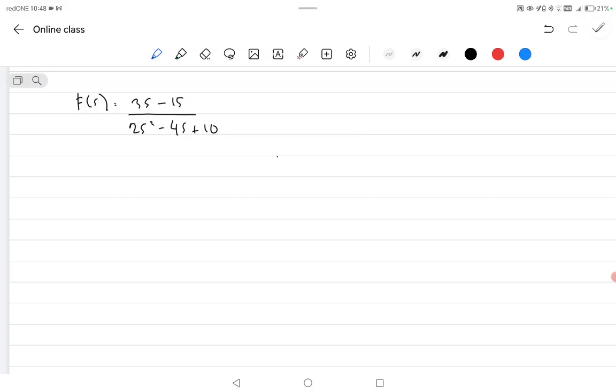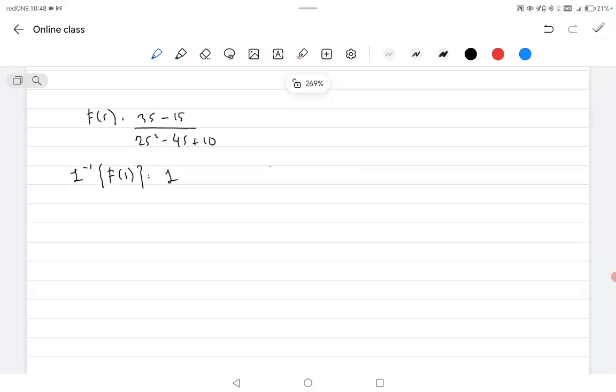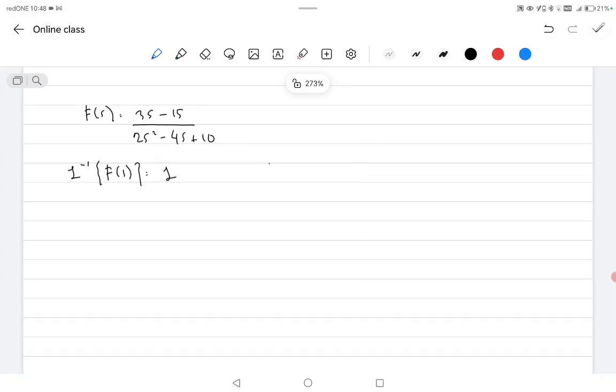So the inverse Laplace of F(s) is the inverse Laplace of 3s minus 15 over 2s squared minus 4s plus 10.